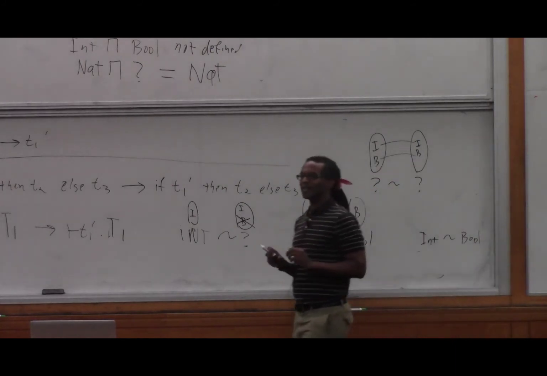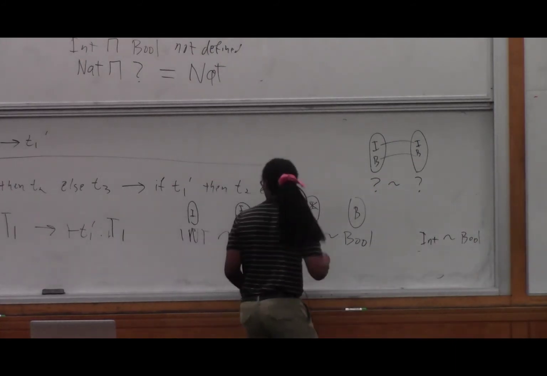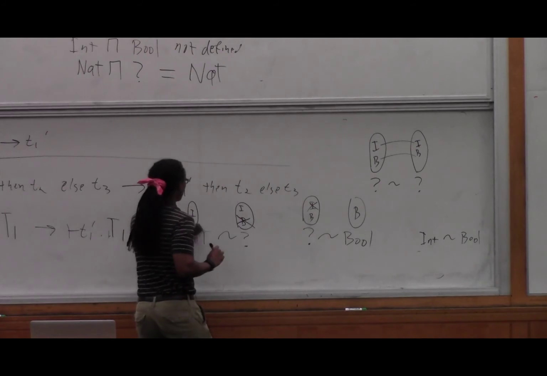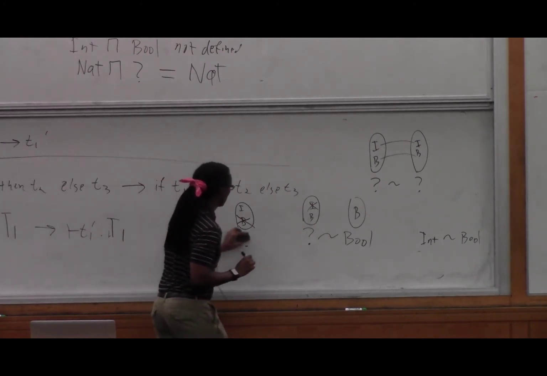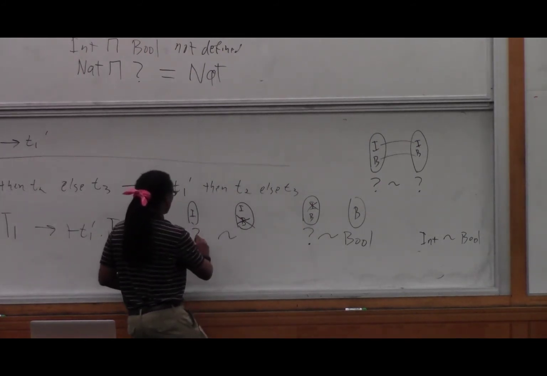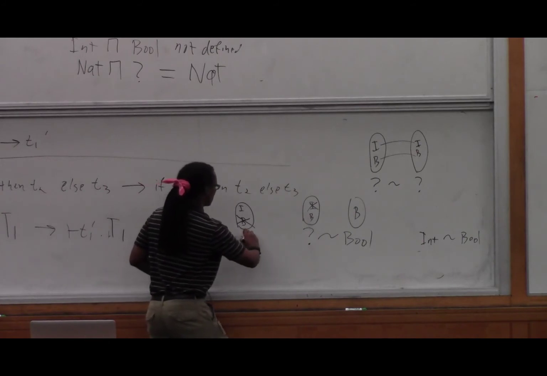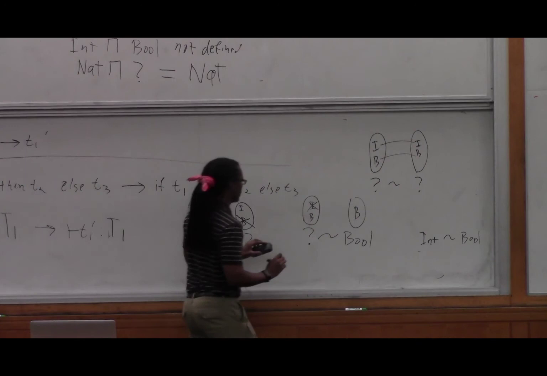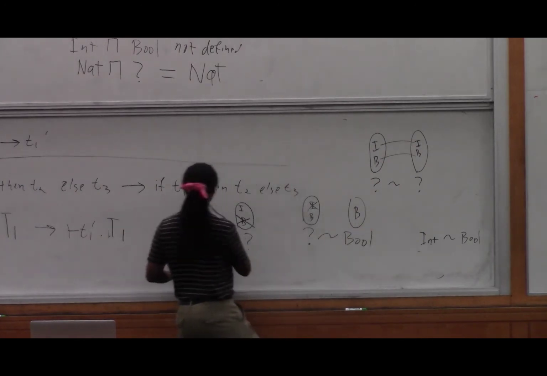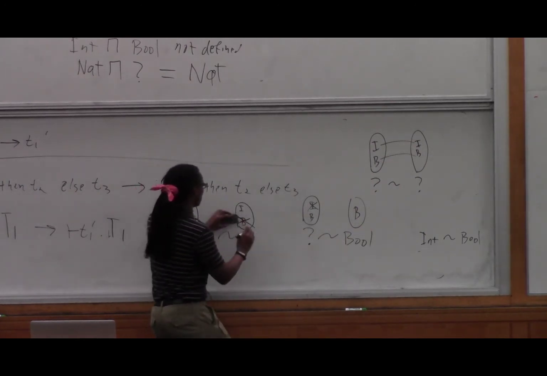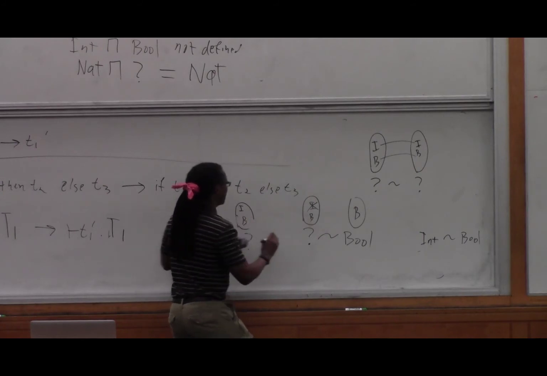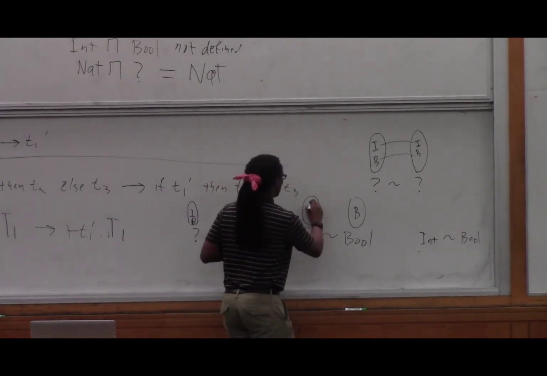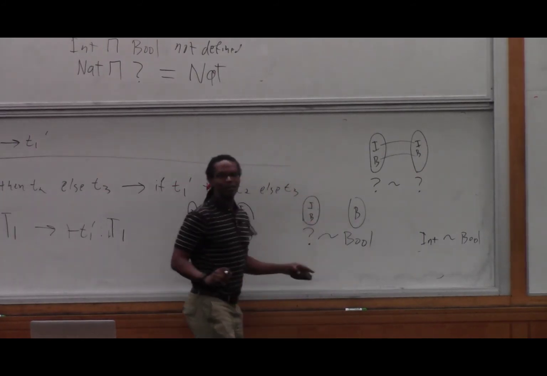So now let me instead try an example that will work. What we'll do is we'll start with question mark, and we'll go to question mark, and then we'll go to question mark and we'll go to bool. So we start with IB, IB, IB, and B, right?